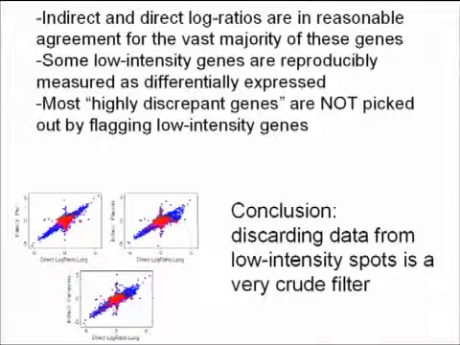Some people say, well, we just throw out data from low intensity genes because it's unreliable. I think that's a very crude and ineffective filter, because you throw out data on some things that are interesting, and yet you still don't catch other problem data.